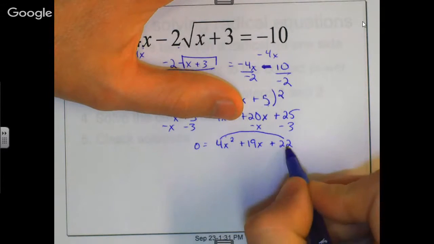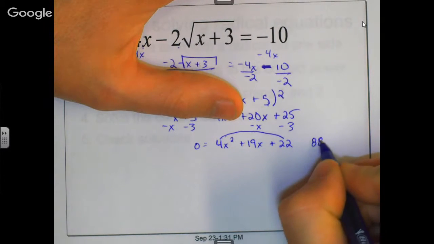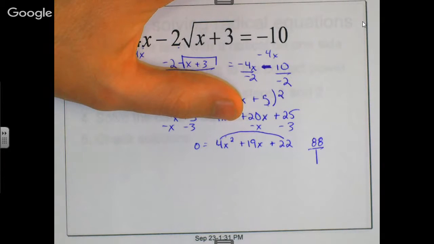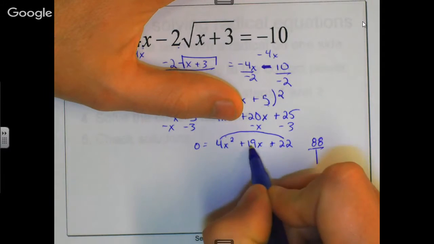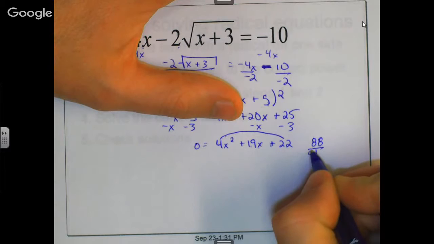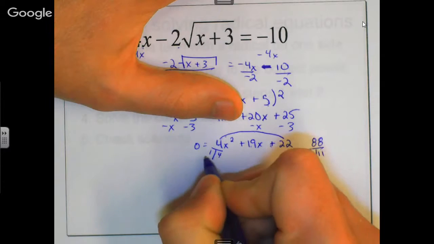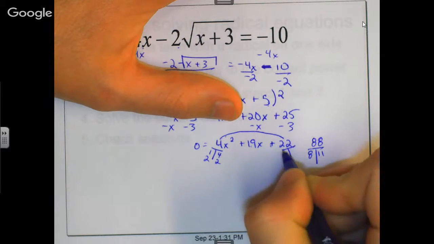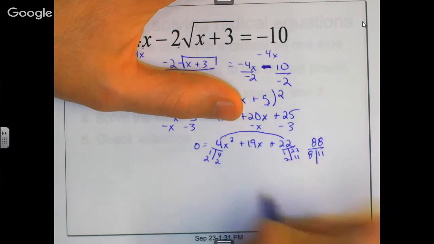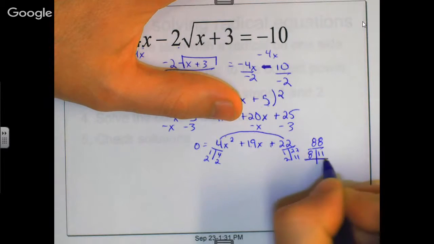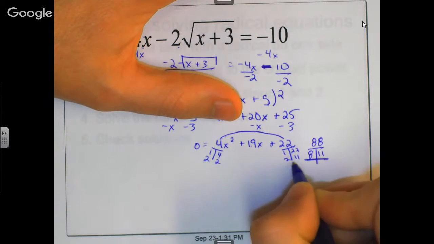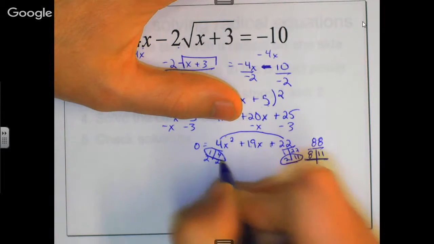So 4 times 22 is 88. I need factors of 88 that add to 19. That's 8 and 11. So we'll break down 4: 1, 4, 2, and 2. 1, 22, 2, and 11. So we need 8 and 11. So we're gonna use 2 and 11, 1 and 4.